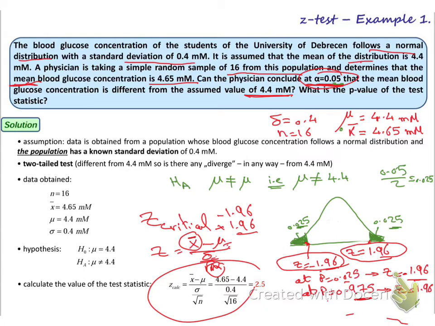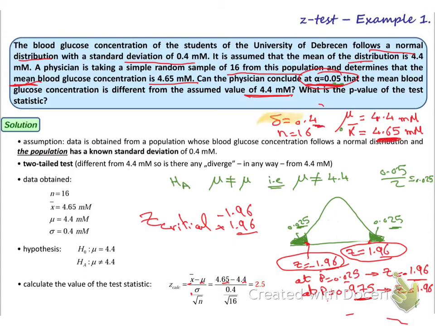So I'll just substitute them: x bar 4.65, mu I have got it here 4.4, sigma 0.4, and n equals 16. By substituting them here, we end up with Z calculated equal to 2.5.